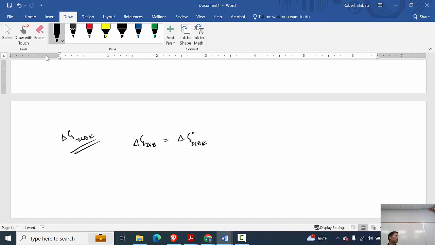It's going to be delta G under standard conditions plus or minus RT ln of Q. This is where Q is defined as the reaction quotient.